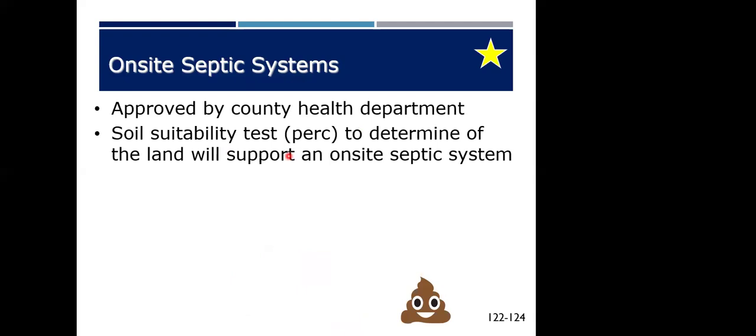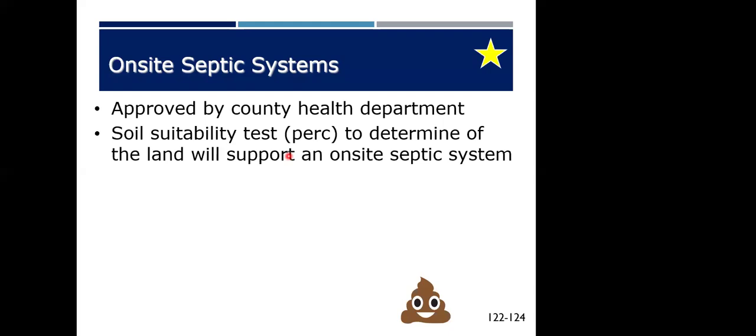On-site septic systems are just tanks that are buried underground, and they're meant to take on the capacity of the water leaving the property. Where the septic system can go on the property, the size of the septic system, even if the land will support an on-site septic system, all comes from your county health department. So whatever county the property is in will regulate the on-site septic system.